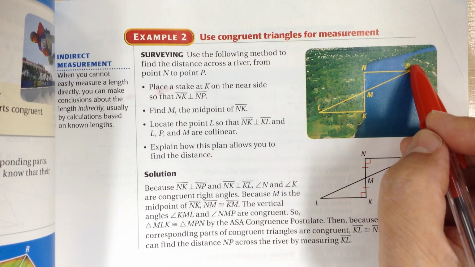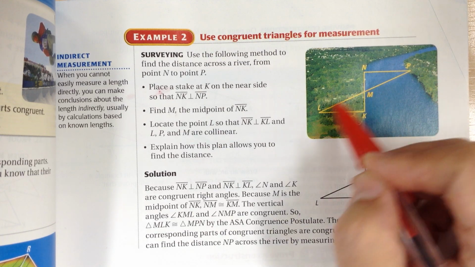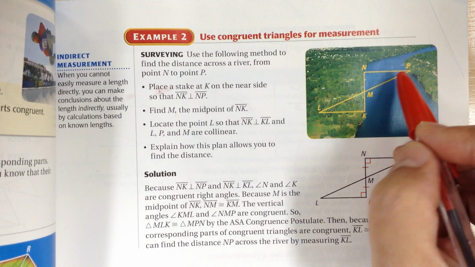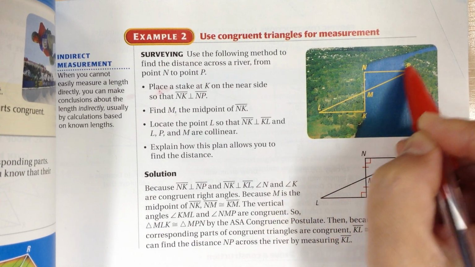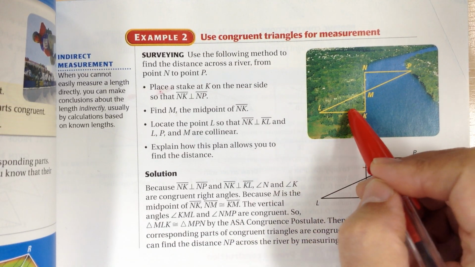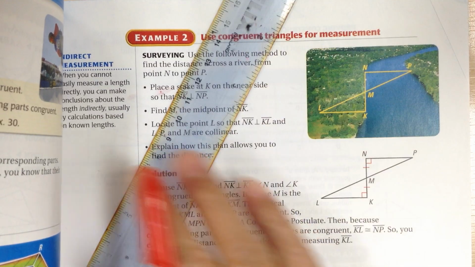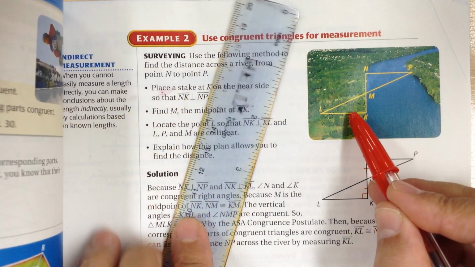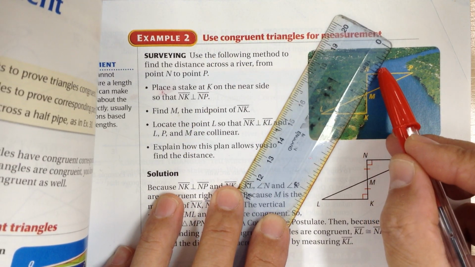So again, remember collinear. Collinear means three points are on a straight line, right? So when you stand over here and you see that M and P are lined up, that's how you know you have a straight line. Because if you're standing over here and you look at the stake on M, notice you miss P, right?